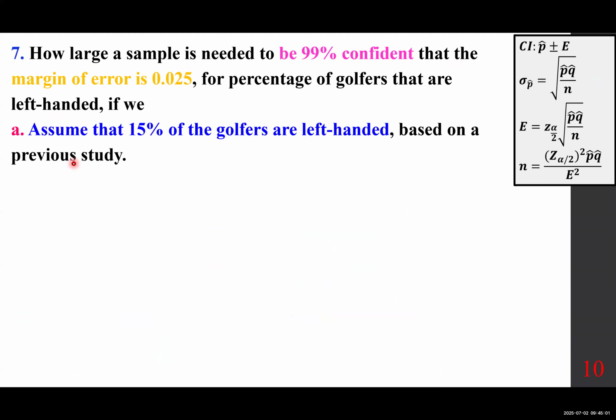First of all, let's see what's given here, class. Right here, 99% confidence interval, margin of error E is 0.025. And assume that 15% of the golfers are left-handed. This is P hat. So P hat is 0.15.